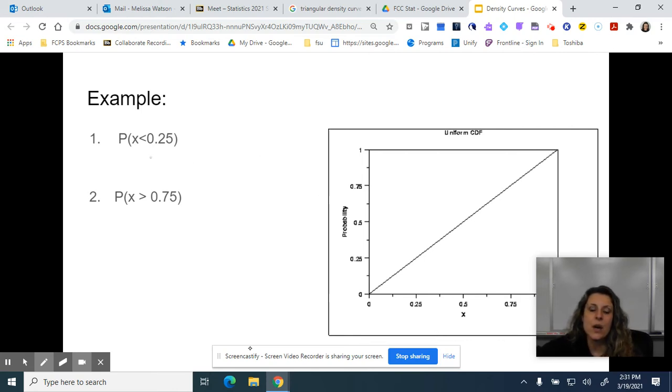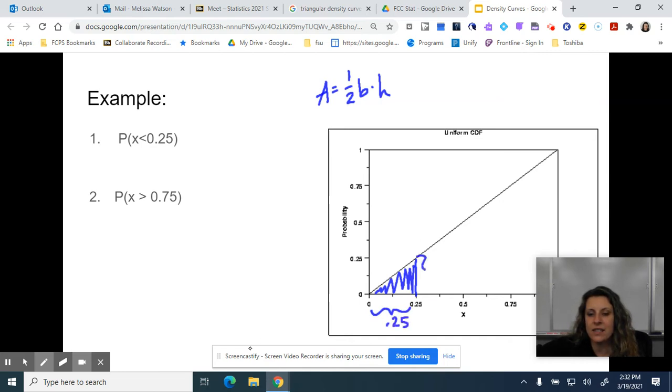So if we look, the first one, we're looking for the probability that x is less than 0.25. So if I go to where x equals 0.25, and shade less than that or to the left, we see that that's a triangle. So area formula for a triangle is 1/2 base times height. So the base or the bottom of my triangle is distance 0.25.